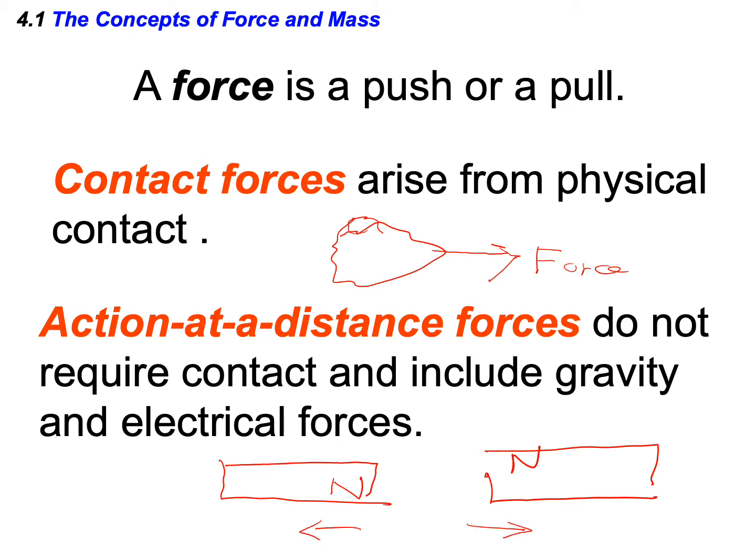So again, we have a force, magnetic force or repulsive force, but there is no contact. Here, if we want to move this object, we have to have a rope, which means it's contact, or we have to push it. So again, we have a contact force. The result is the same, but one is contact, the other one is non-contact.